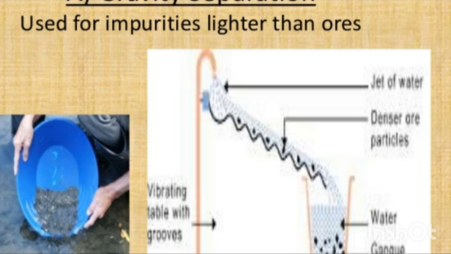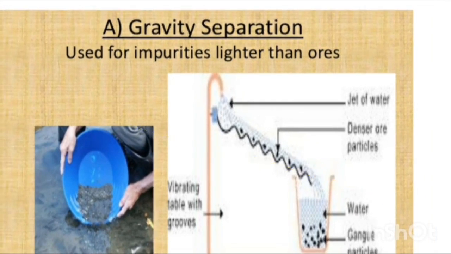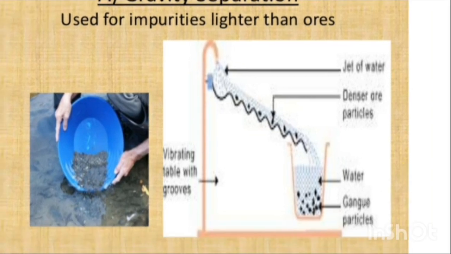So here in gravity separation or hydraulic washing, we normally use a slanting stepwise table to hold the denser ore particles. On the slanting part, a jet of water is passed, and while passing the water, we put the ore into it. While passing through the slide, the denser ore particles are retained in the gaps of the slanting area, and the lighter particles and gangue particles come along with the water.